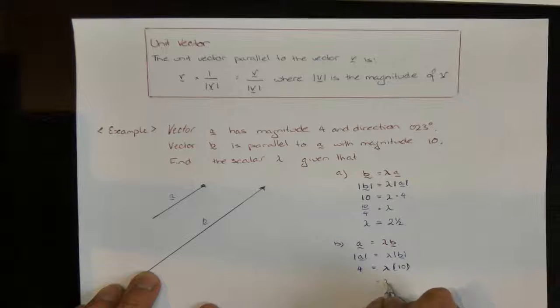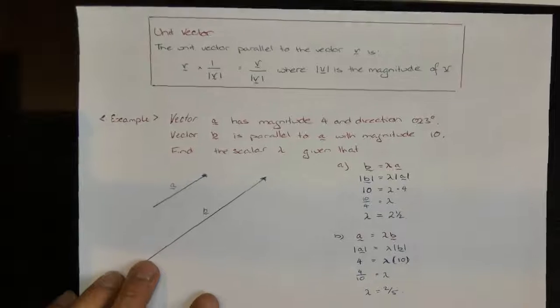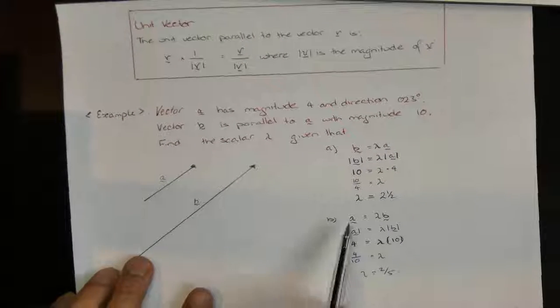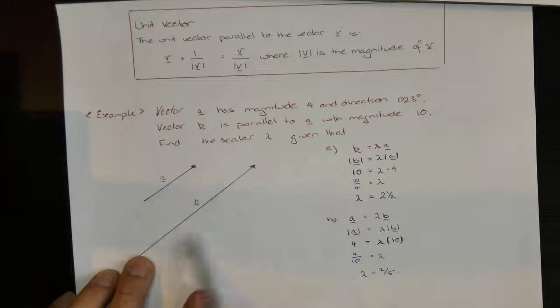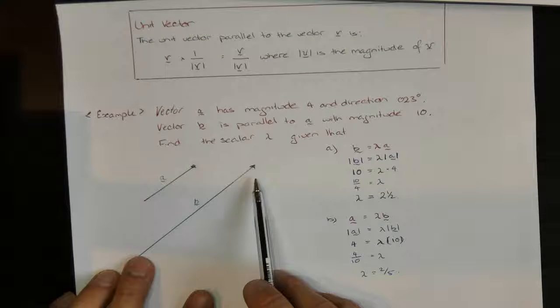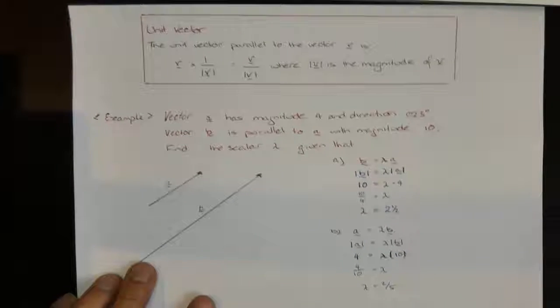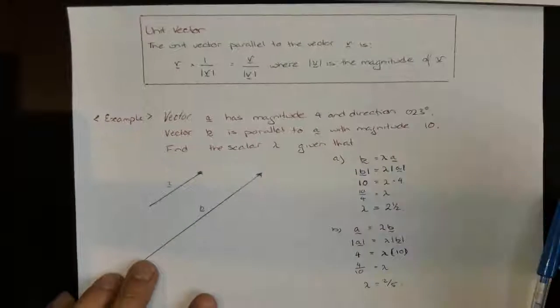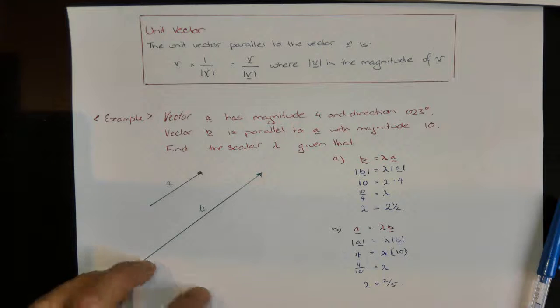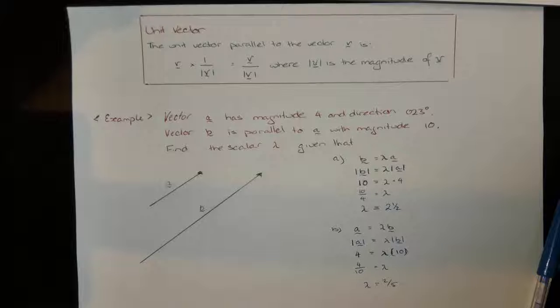So the lambda that I want is 4/10, which is 2/5. Okay, so A is 2/5 of B. And that's what a scalar is. So a scalar is the magnitude of the vector based on the unit vector.